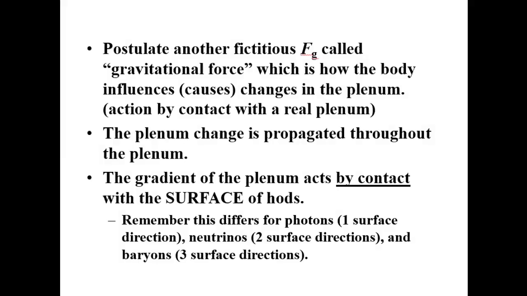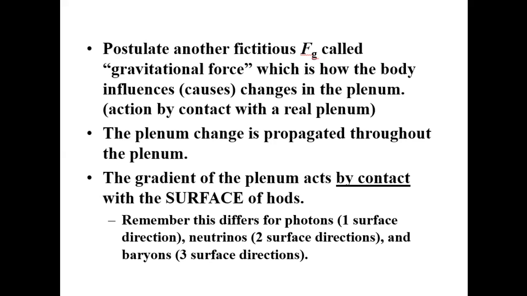of the body. We can also postulate another fictitious force, here we call it Fg, called the gravitational force, which is how the body influences or causes changes in the plenum. And this is action by contact with a real plenum. The plenum change is propagated throughout the plenum.